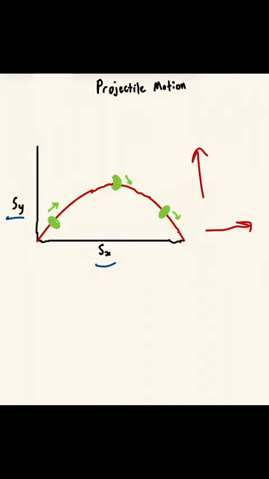Okay, what else is there? There is time, obviously t is time and g is gravity. So practice using those equations for projectile motion, and breaking it down into the horizontal and vertical components. Hopefully that makes a little bit of sense.